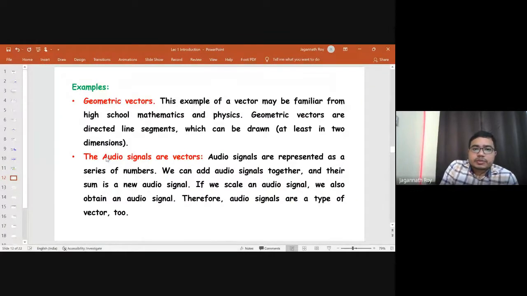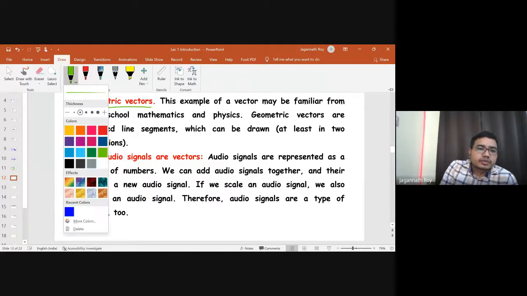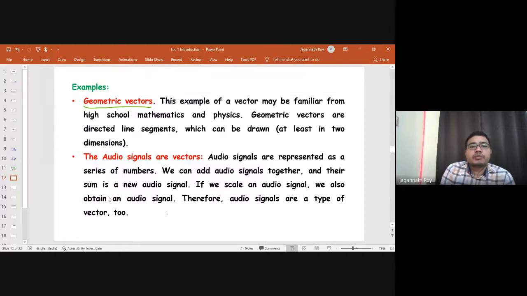Now, if you remember the geometric vectors we have already seen. The applications of vectors you can see. Since you are in the ECE department, maybe you will work on audio signal processing and others. Then you will see that you can relate the concept of vectors in this case. So audio signals may be of this form. Then from these audio signals, you will get another audio signals after decoding.